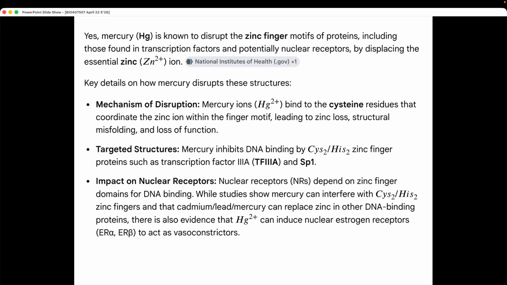We see that with BPA, that it is an endocrine disruptor because it mimics the hormone, and metals aren't going to do that, but here we find examples where the metal can disrupt the functioning of the receptor itself, because it can disrupt all those nuclear receptors.